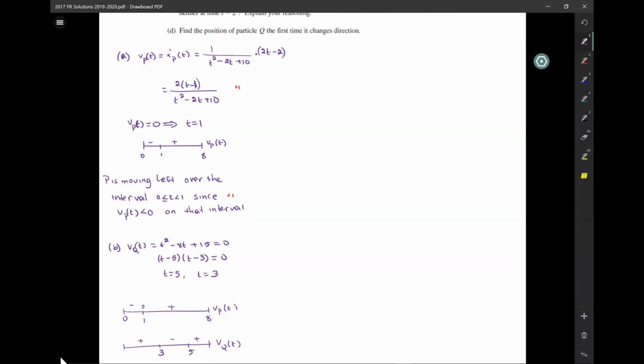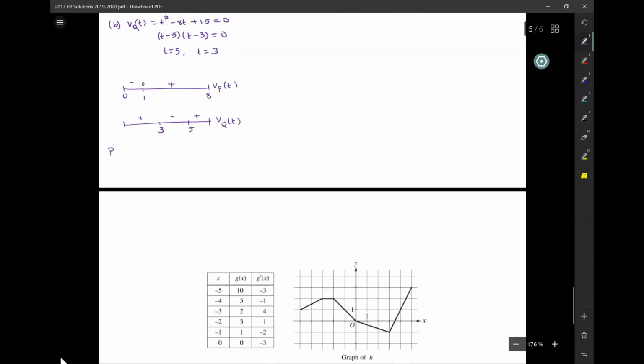Aren't they traveling in the same direction? They're both, yes, 1 to 3 as well. So P and Q are traveling in the same direction.